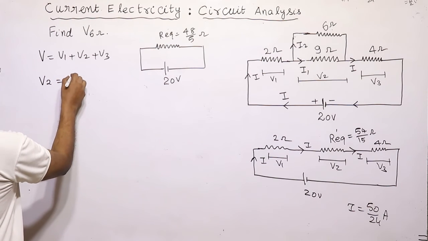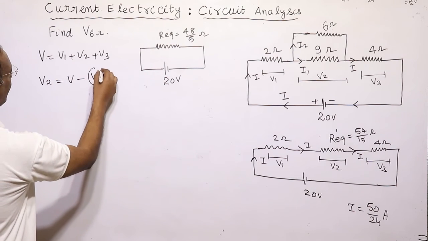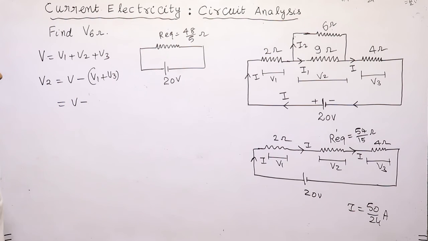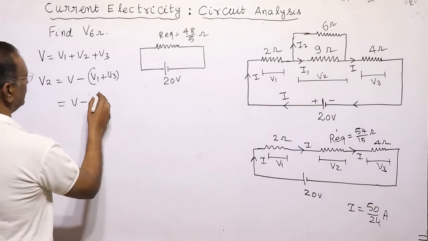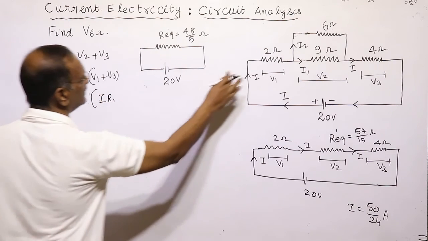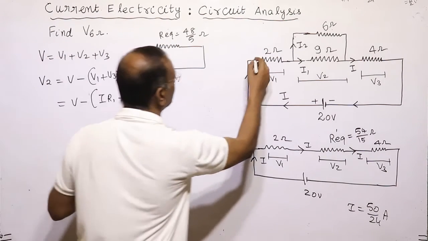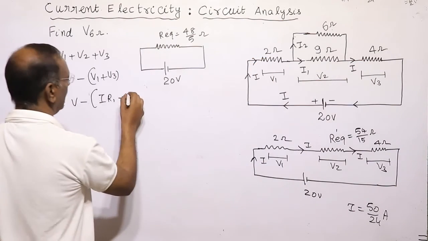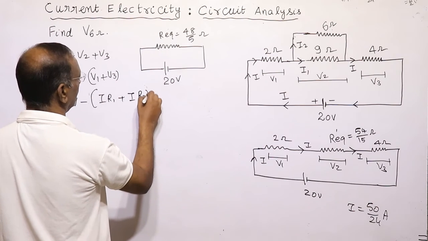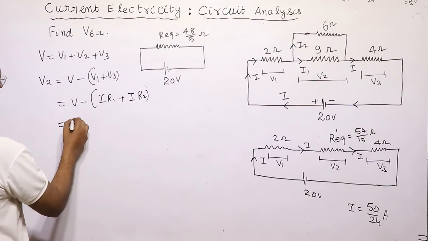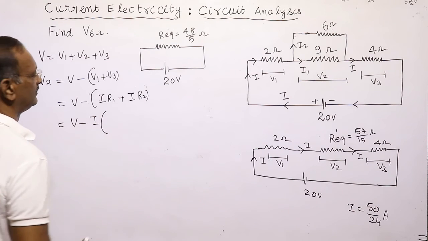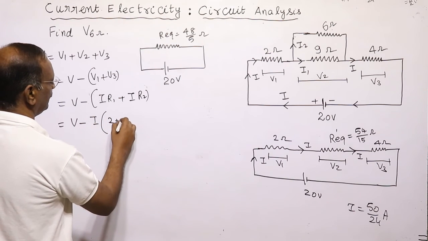V2 is equal to V minus (V1 plus V3). So V minus, what is V1? V1 is equal to I into R1, plus the same current is flowing here also, plus I into this resistor R2. So it is equal to V minus I, we can take it common, into R1 plus R2, that is 2 plus 4.